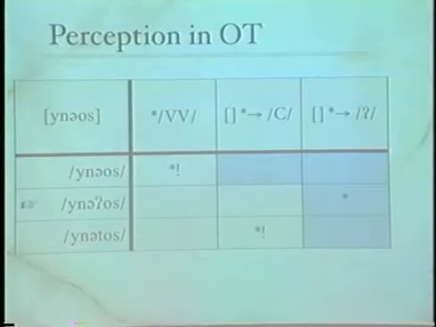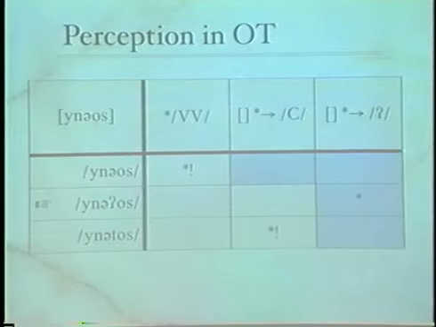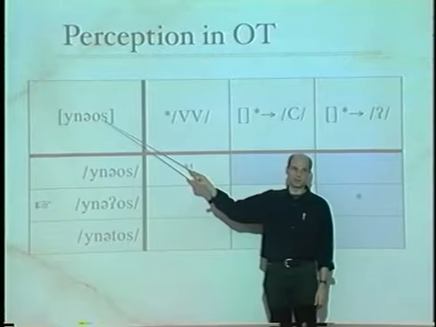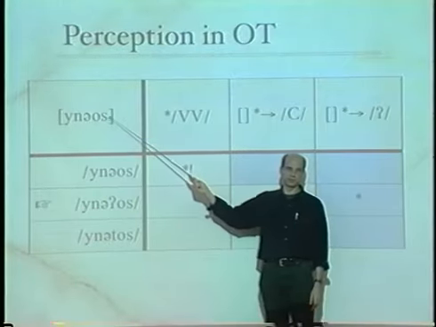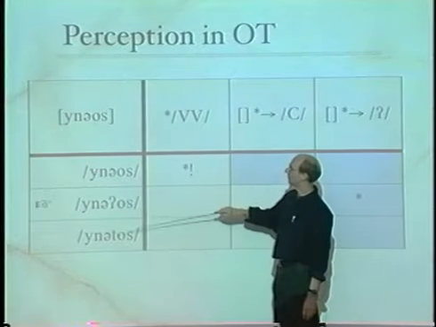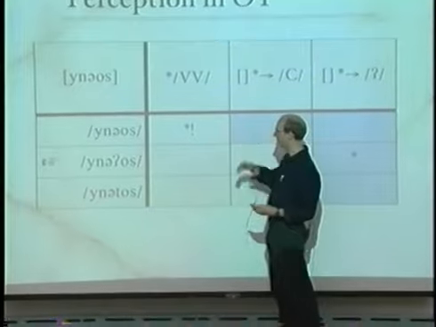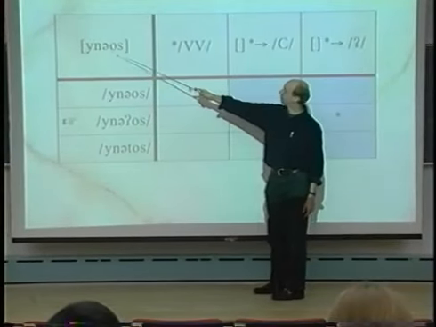So, this is how you can do perception in OT. This is not the underlying form now. This is the auditory form, or the overt form. So what we do here is perception or robust interpretive parsing. The candidates are surface structures, full surface structures, phonological thingies, and this is a pronunciation, an auditory form.